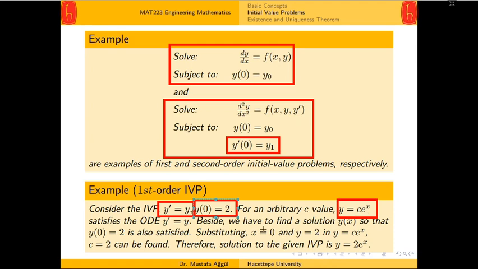And when we do that, we will see the constant c is equal to 2, so y is equal to 2 e to the x is really the solution for this initial value problem. So this is the initial value problem with initial condition, and this is the solution because we found the solution for the ODE first and then substituted the initial value to identify what value of c really makes this initial condition happen.